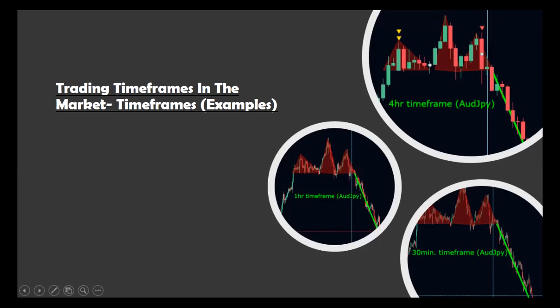I go on this 4-hour chart and I see that, okay, we got a head and shoulders. That's pretty nice. Then I go on the 1-hour time frame and I see we got a head and shoulders as well. Then I go on the 30-minute time frame and I see that a head and shoulders completion has formed, right? And we all know that these head and shoulder patterns give us a bearish market, meaning that we're looking to sell.